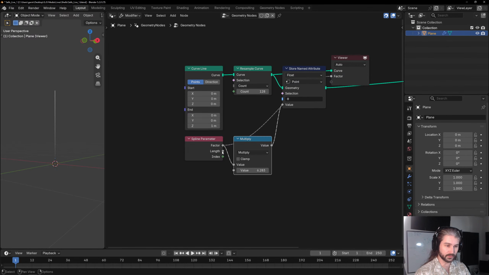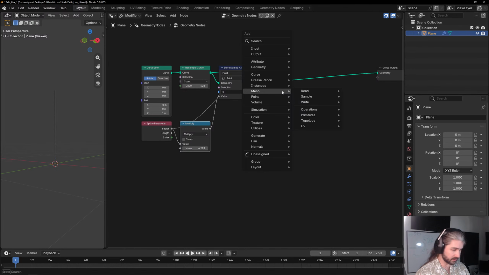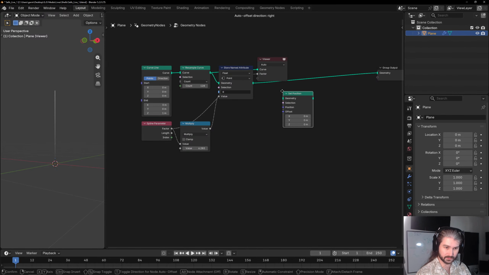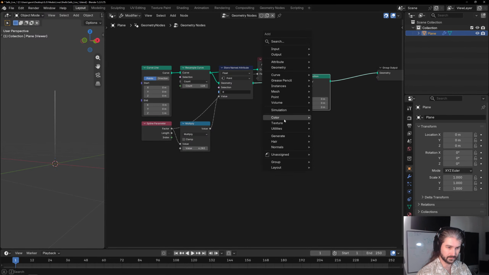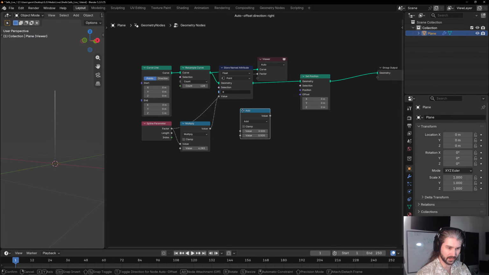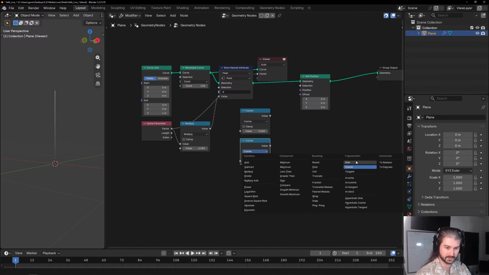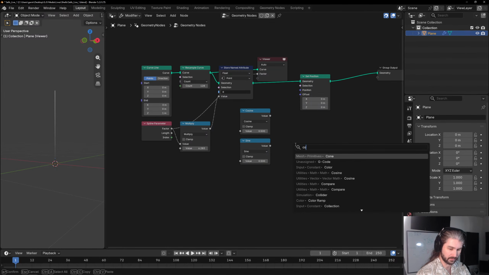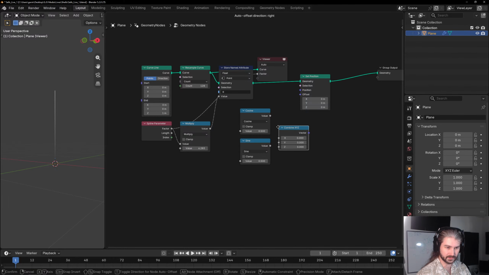We're just going to multiply that, and now we have our factor in terms of polar coordinates. So if we use that and a set position node, a little bit more math, because we need our cosine and our sine, and then a combine XYZ node.